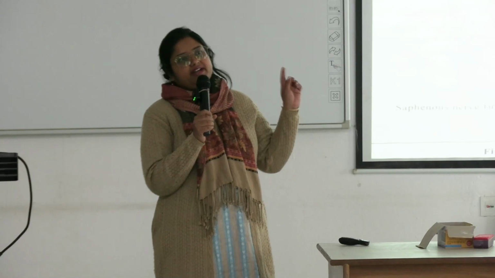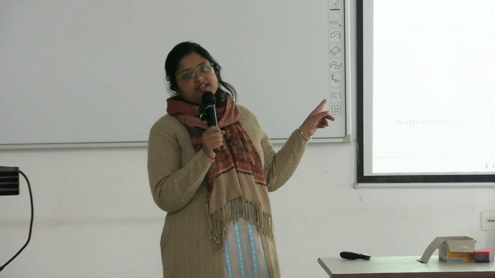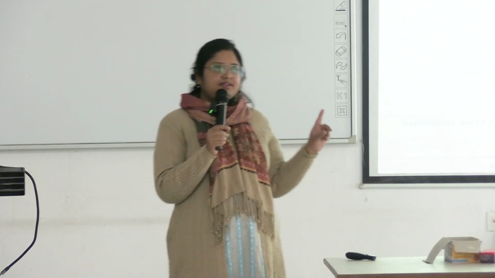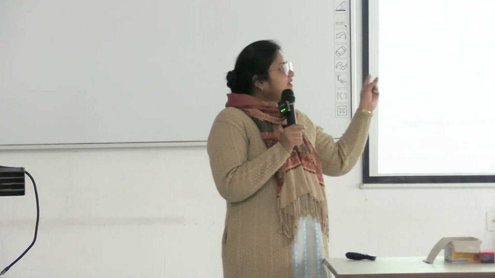Okay, so from the anterior division of the femoral nerve, two cutaneous branches, medial and intermediate cutaneous nerve of the thigh, and one single muscular branch. The single muscular branch supplies the sartorius. And from the posterior division, only one cutaneous branch, the saphenous nerve, and the others are muscular branches.